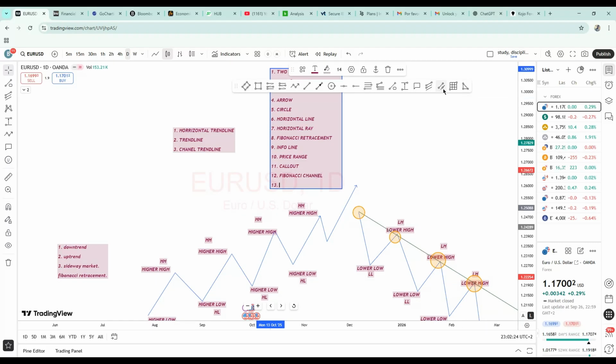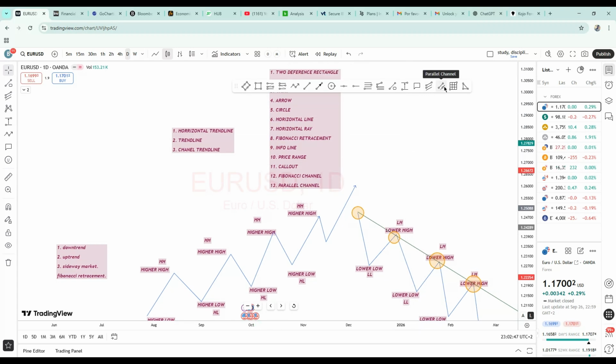You can see, parallel. It is called a parallel channel. Sorry guys. You can see it right here on my chart, parallel channel.